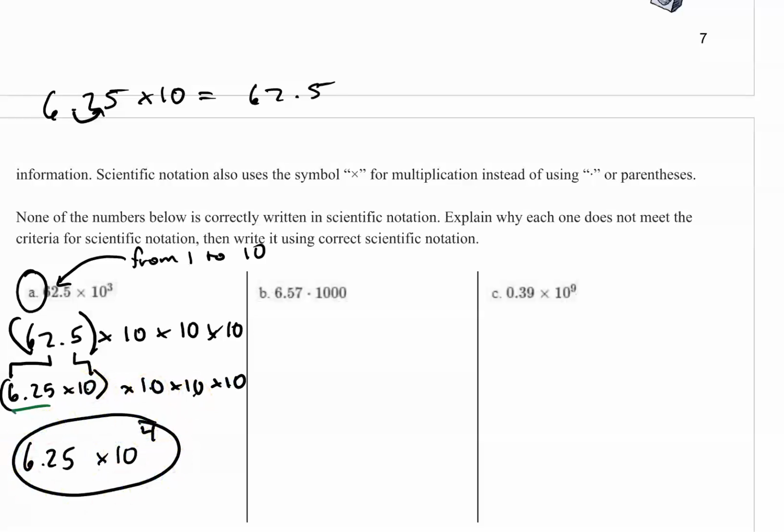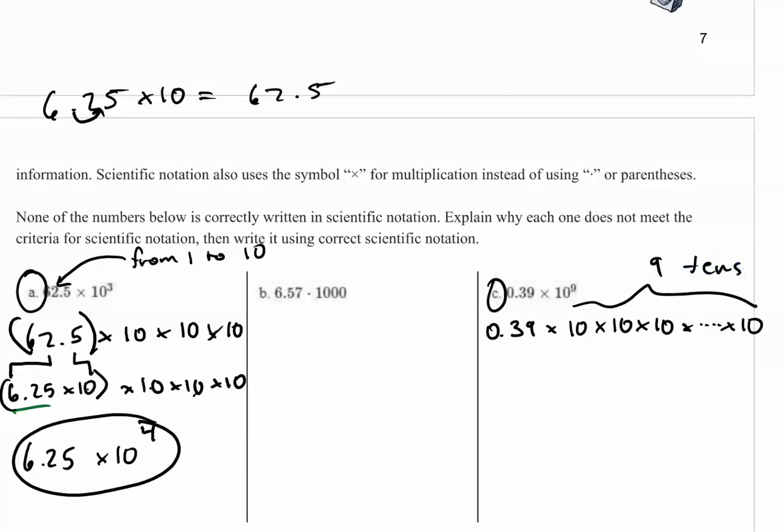Okay, next, let's look at C. I've got 0.39 times 10 to the power 9. So there's going to be 9 of these 10s. Now, I know that 0.39 times just one of the 10s will force the decimal to move to the right one time.